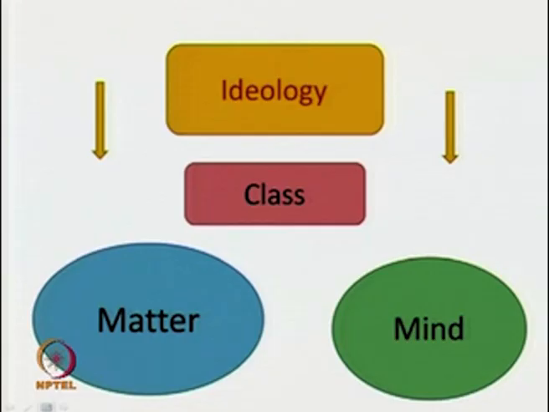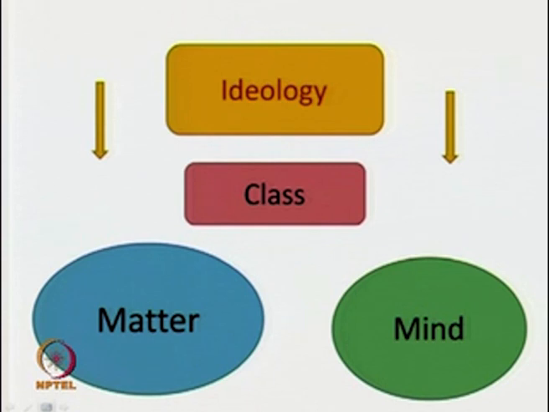Look at it in a different way in this slide. Ideology affects us through a dominant class. Ideology is something that affects matter and mind. Now, what does this mean?